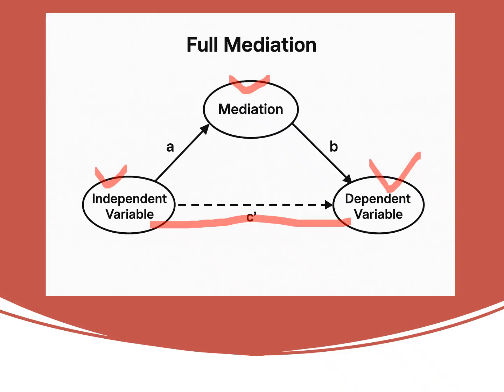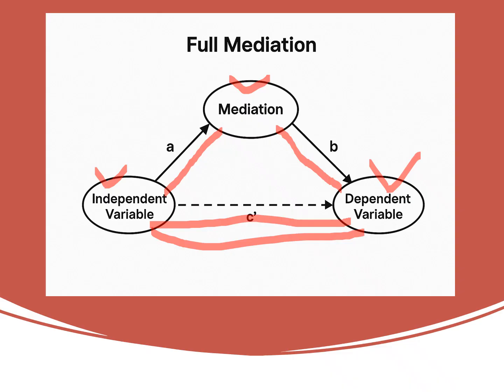And then we can create two other direct relations as well, from here to here, I mean IV to mediator, and here to here another path. So there are three direct relation hypotheses here. But this is our main direct relation hypothesis, this to this, right?